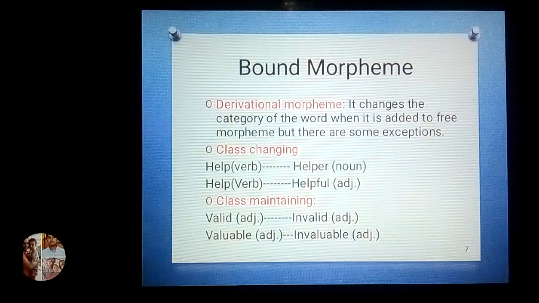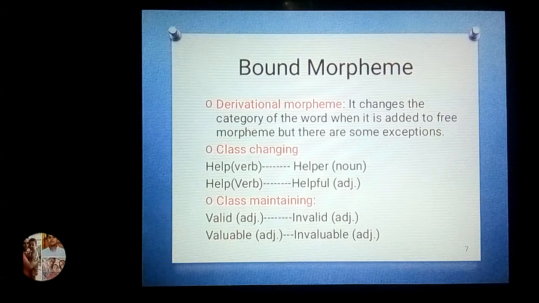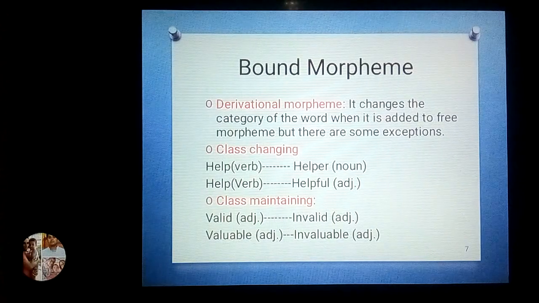For example, valid, invalid, valuable, invaluable. Here valid is an adjective, invalid is also an adjective, valuable is an adjective, invaluable is also an adjective.